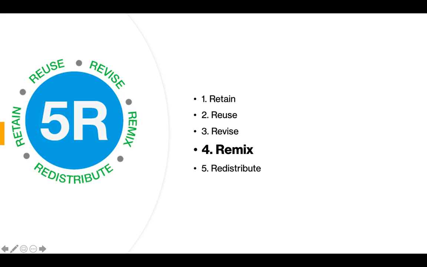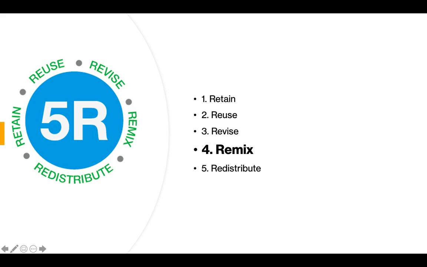And then we have number 4, which is remix. This permission allows for content to be adapted with other similar content to create something new. For example, you can take content from one open textbook and another OER to create course content that meets the need of your teaching and the needs of your students.